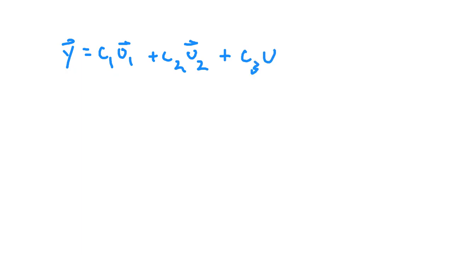So let's say the vector y is a linear combination of your basis vectors. Okay, but you're curious what, for instance, C1 is. Well, what you can do is you can take the dot product of y with the vector u1.